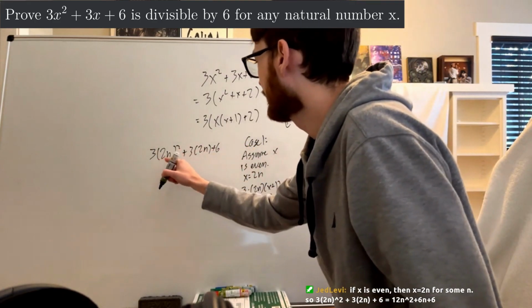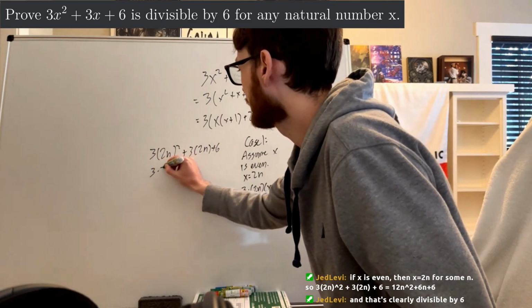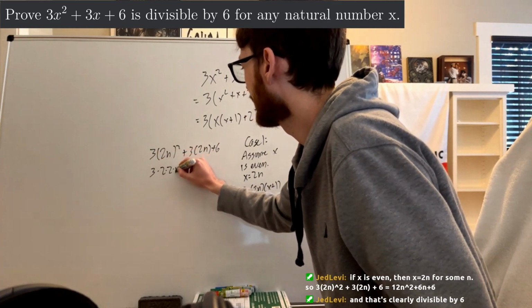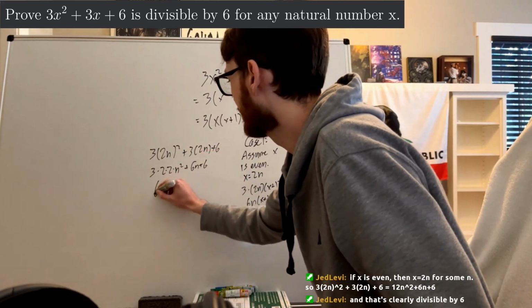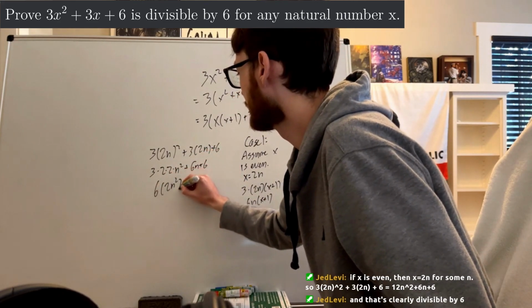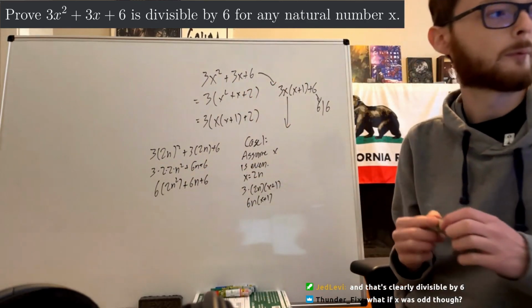In this case, you don't even care when things get squared, because 3 times 2 times 2, which is 2 squared, times n squared, plus 6n, plus 6. So you could say 6 times 2n squared, just to make it really clear that everything is divisible by 6.